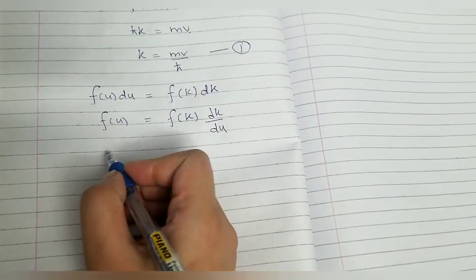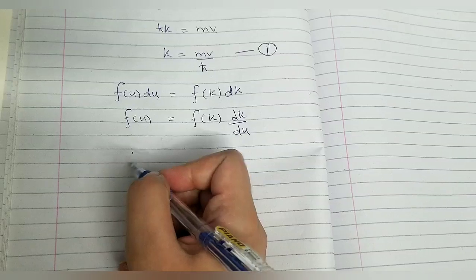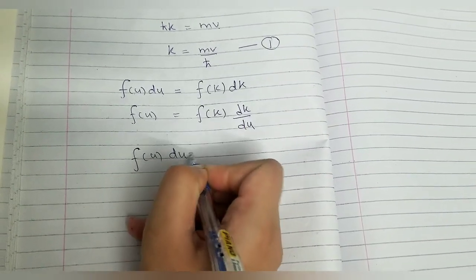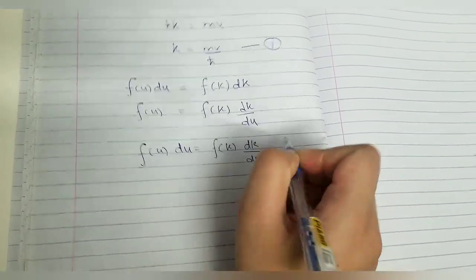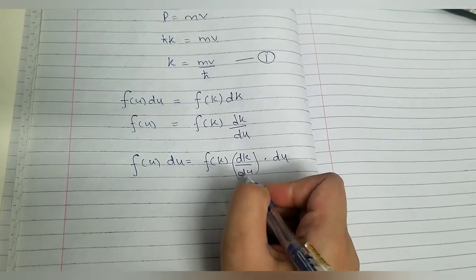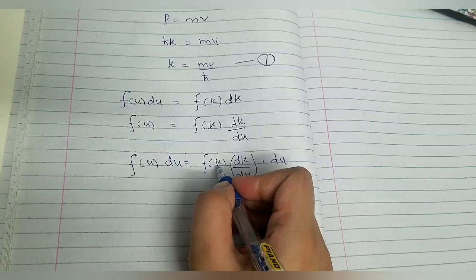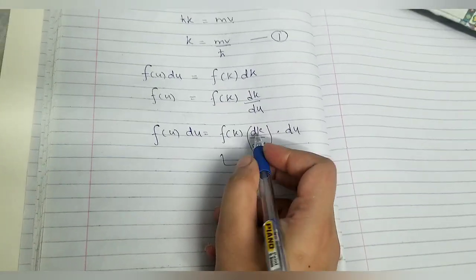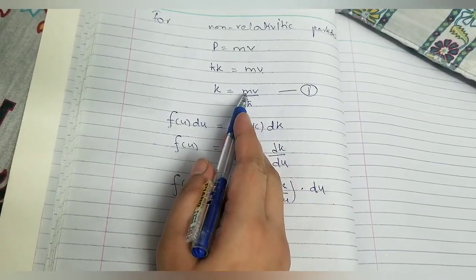We need the distribution in some du interval, so we'll multiply again on both sides by du. This is the differentiation that we have to perform. Multiply by f of k, that is already known, du remains the same, so let us call it equation number 2. We should know dk by du. Here it is.